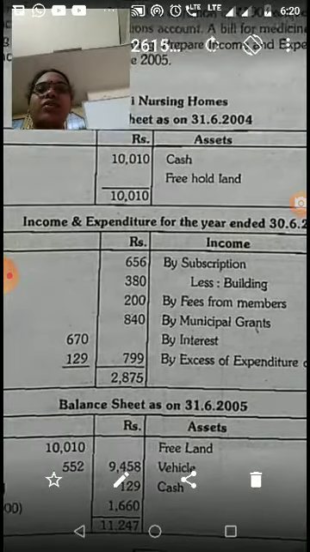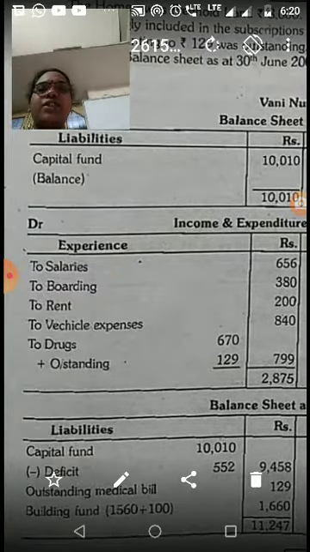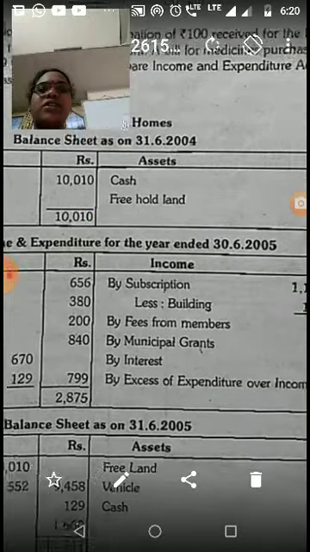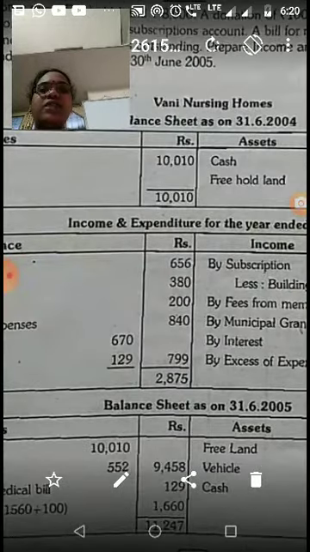Now we have to prepare the balance sheet. So here in the balance sheet, the liabilities are capital fund 10,010, minus deficit, here excess of expenditure over income, that is 552. So 10,010 minus 552, that is 9,458.